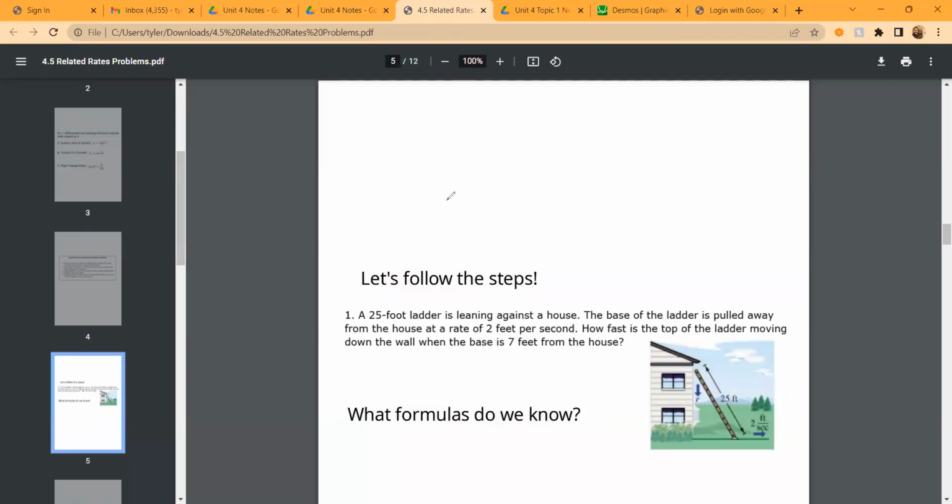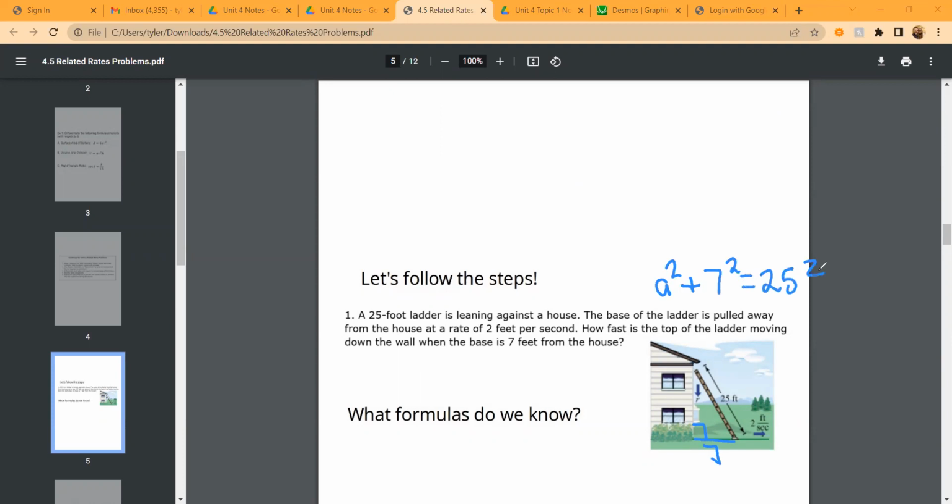Let's kind of figure out what we know. So it's not telling us it's a right triangle, but we're assuming this house isn't leaning in any way. And so we can consider this a right triangle here in our diagram. We're also told that this is 7 feet away from the house. And so we could quickly use the Pythagorean theorem to say a squared plus 7 squared equals 25 squared.